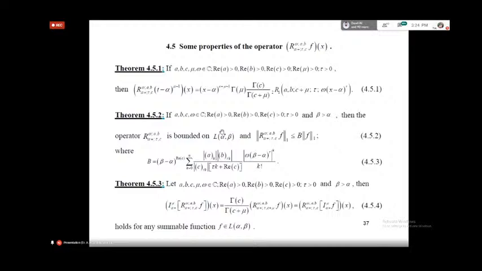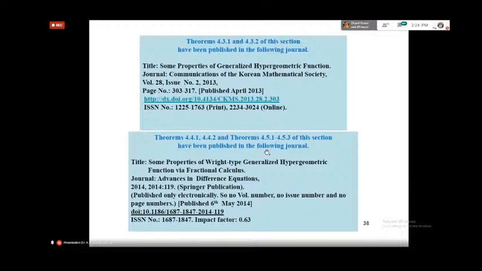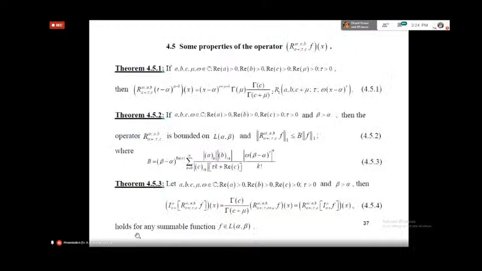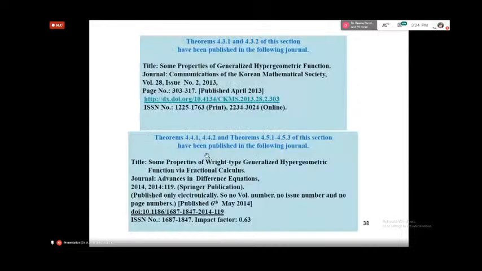And next, in the 4.5, sorry, 4.5. Next, now we take the theorem. This theorem can also be put in the form of the summable function. This f belongs to L alpha beta. This is your 4.5.4.